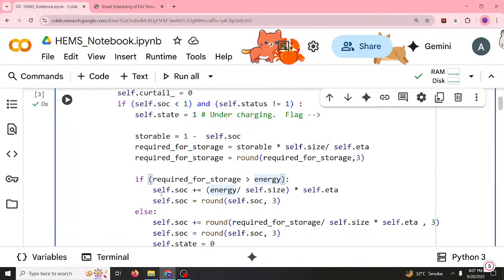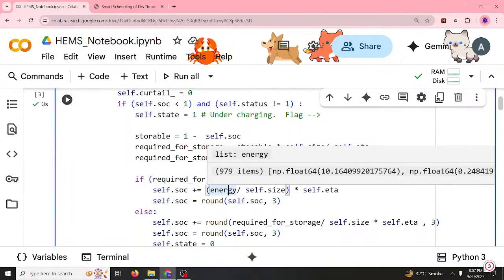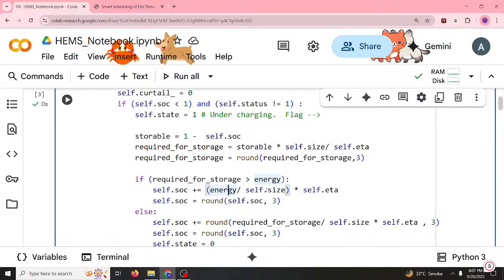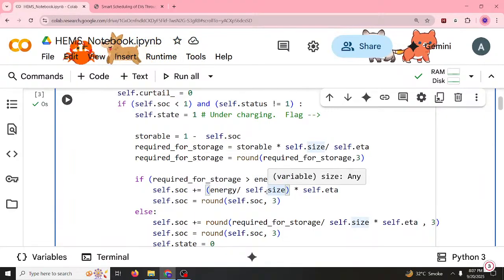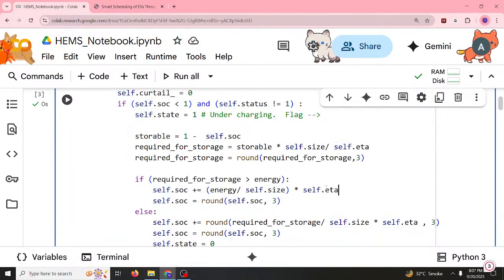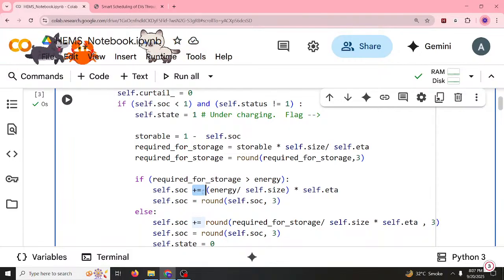Then we charge this energy according to the equation, that is, we multiply it by eta and divide it by the size. This gives us the SOC at t, from the SOC at t minus 1, done through plus-equals.